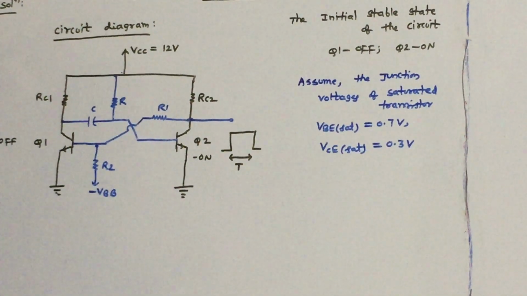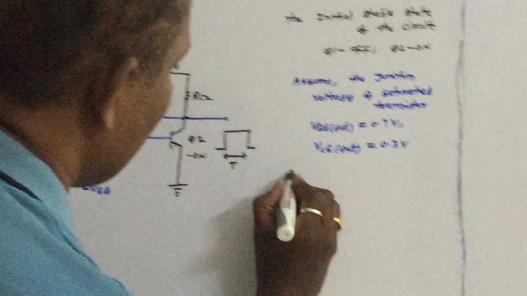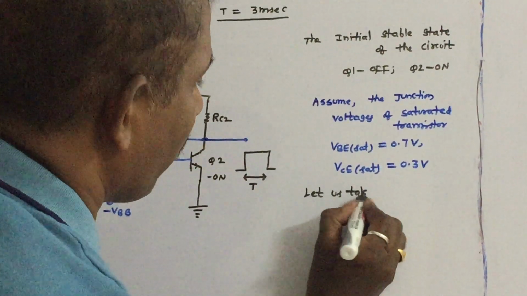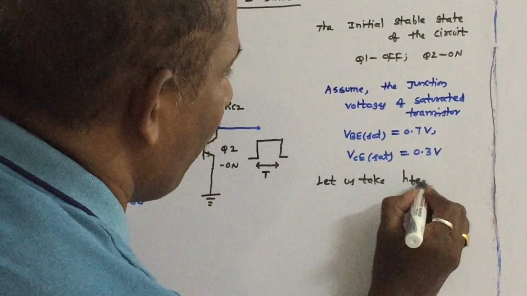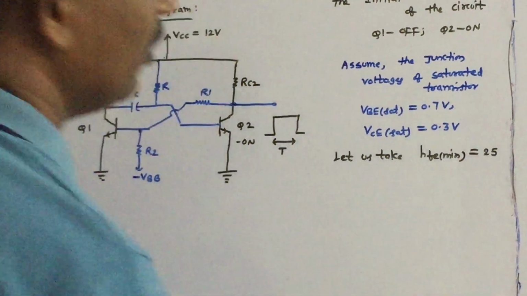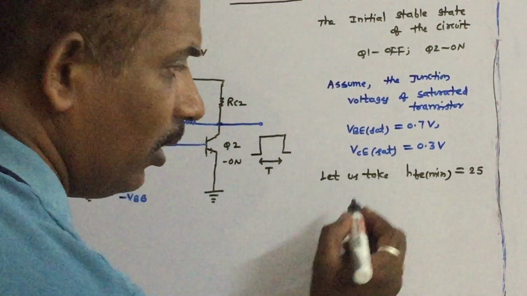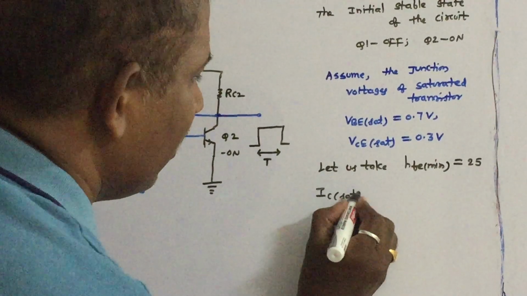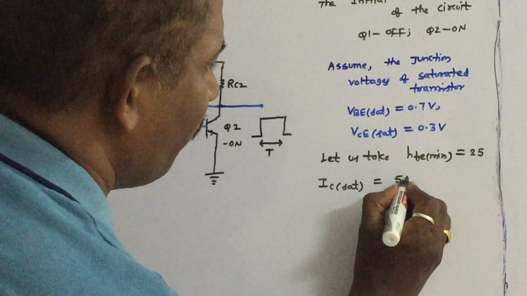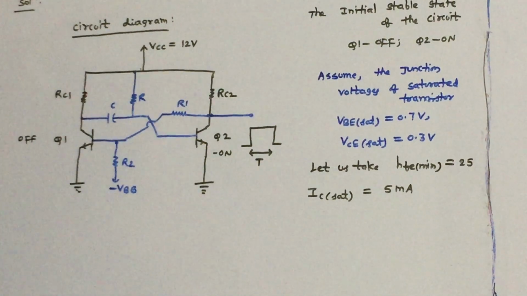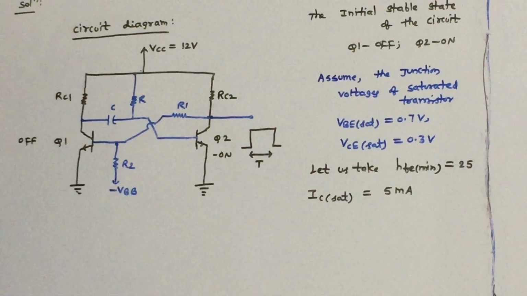Since HFE is not given in this problem, let us take HFE minimum equal to 20 or 25. You can take 20 or 25, it doesn't matter. Now take IC saturation equal to 5 milliamperes. So these are the assumptions we have to take.